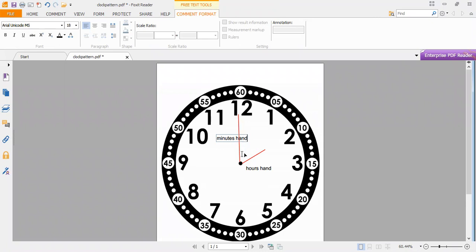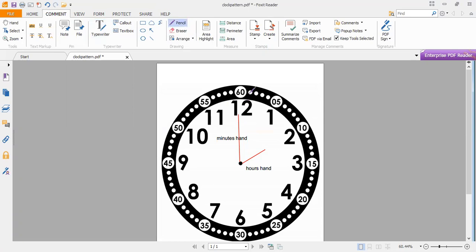Okay, how can we read the clock? Before we start, I want to say that between each number on this clock we have 5 minutes. So if you want to move the minute hand, for example, from 12 to 1, it will take 5 minutes.